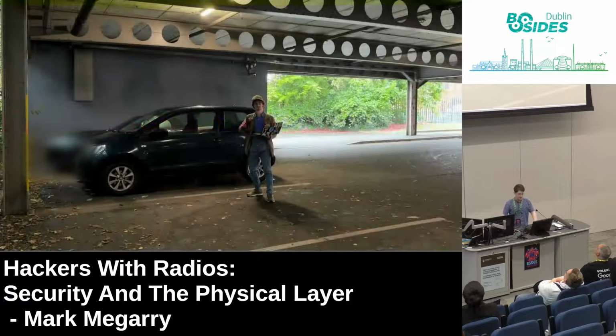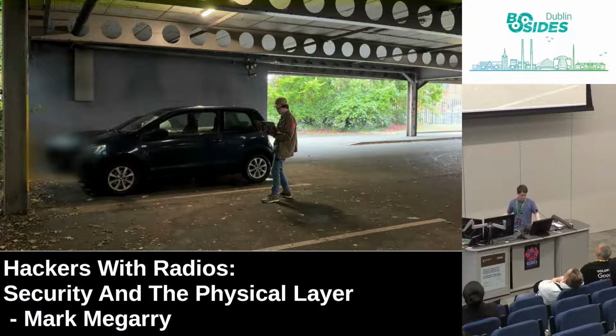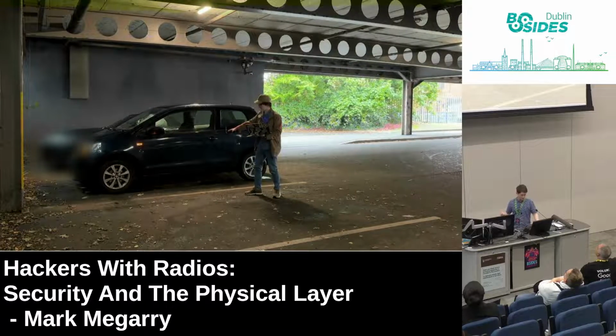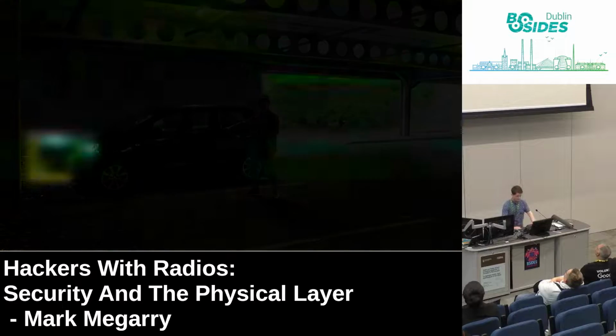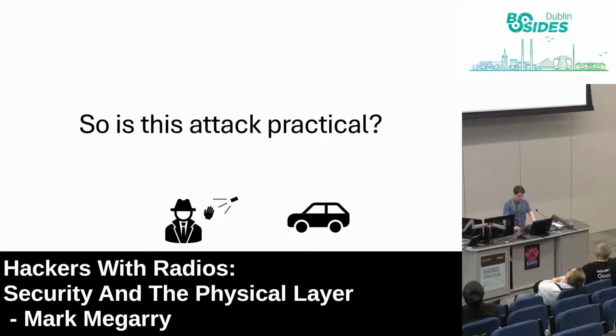And then we take this message that the car hasn't heard before, and we replay it. And the car unlocks. So yeah, that is worrying. My car has been unlocked without the key being present, but is this attack practical?